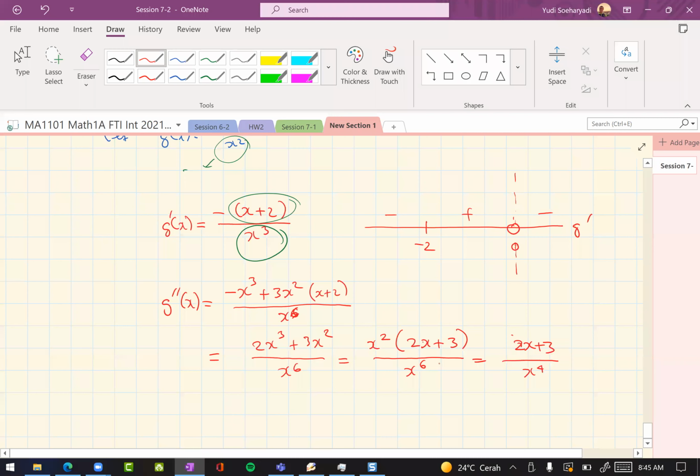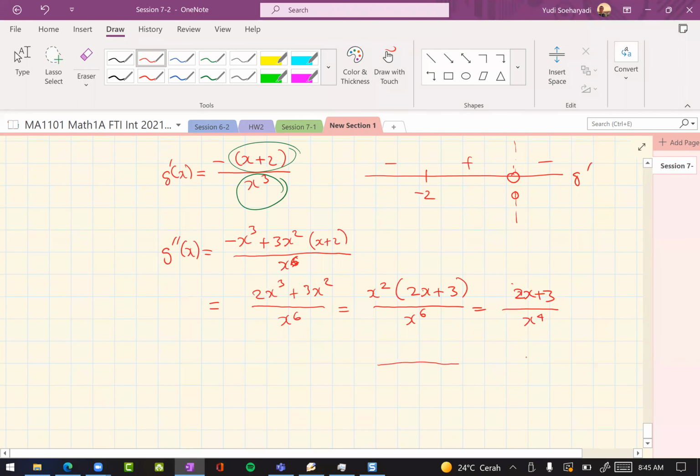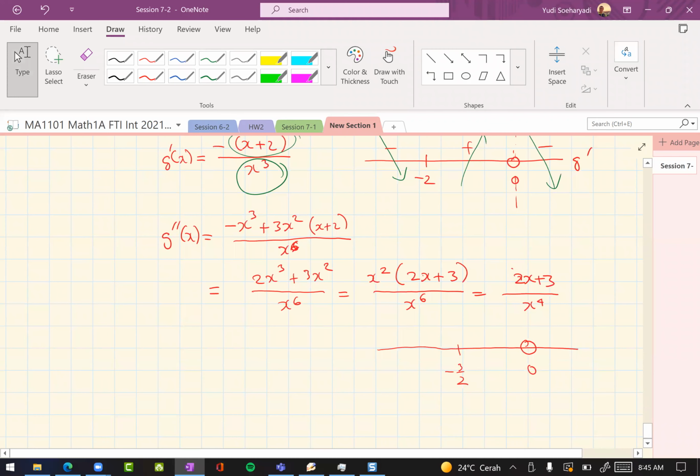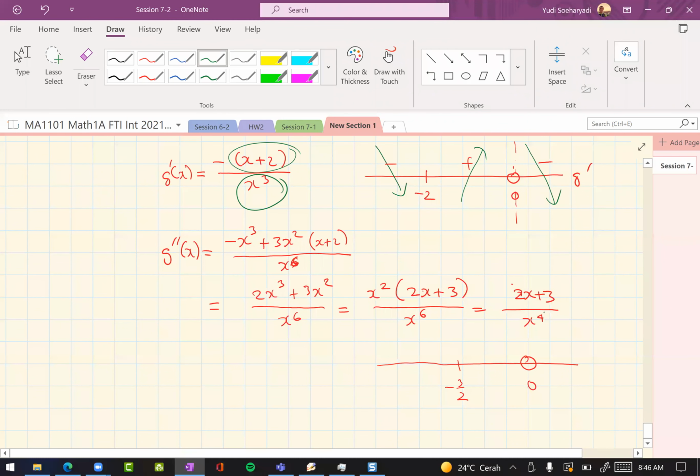So the sign chart, here you get, of course, 0. Here you get negative 3/2. Okay. It's going down, up, down. Okay. So this gives you the sign chart for G double prime.